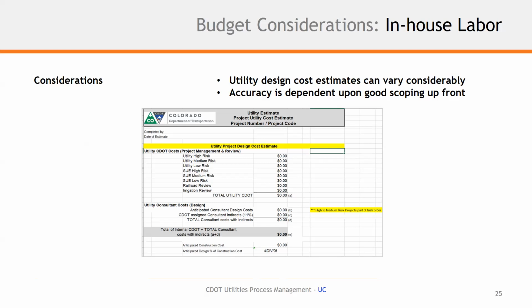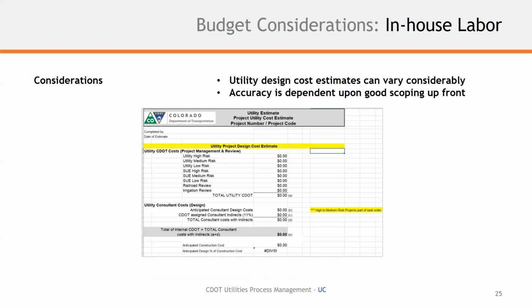Yeah, this is a great tool, and for those attending the training today, just make sure to refer to the reference documents. This is Module 2, handout number 4, Utility Design Cost Estimate. So it is available to look at as a handout and take a more detailed look at this tool.